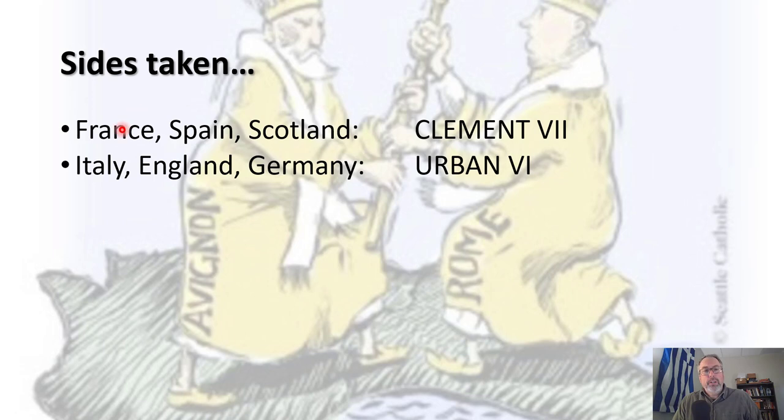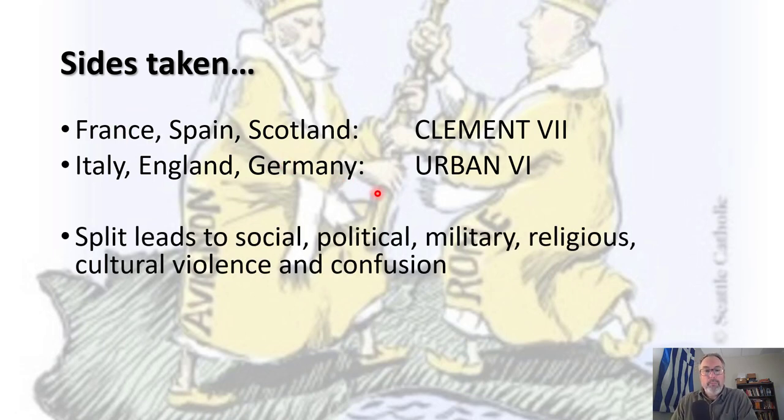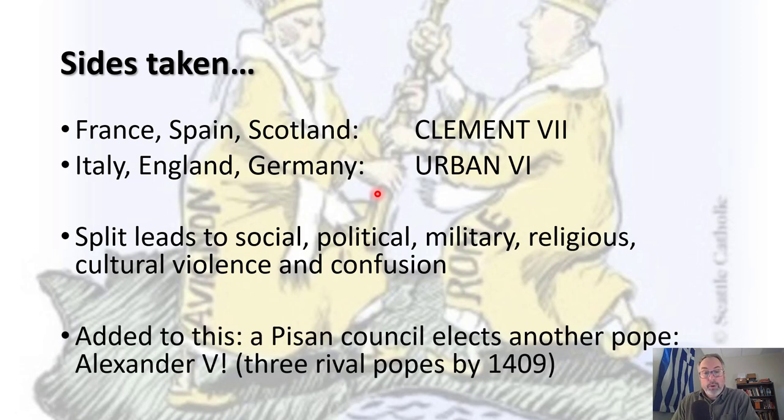Again, the ones I have listed here are certainly not all of those territories, but the main political and military powers of this era. So it's not just a religious split, it's a social split, a political split, a military split, a cultural split, and leads to lots of violence and confusion and death and disorder.